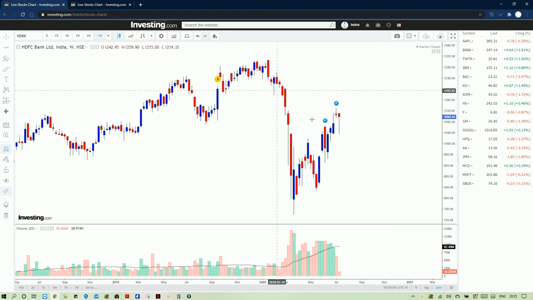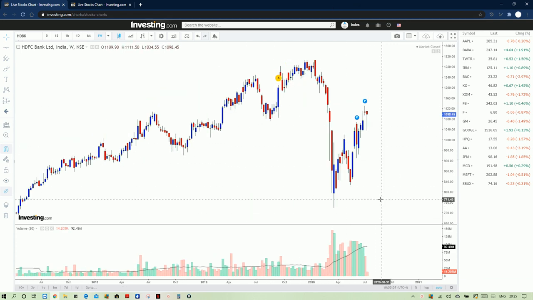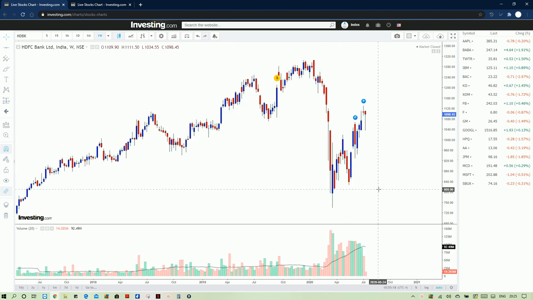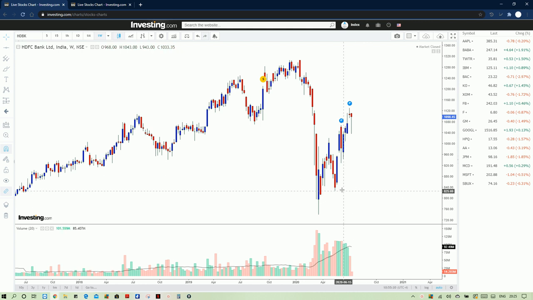So in the weekly chart, first thing we need to do is we have taken a time period of 2 years, that is the current year 2020 and 2018. So we are going to take some price action from these 2 years. First thing we need to do is identify the resistance point from where the stock gets reversed. For that you need to identify the higher highs.